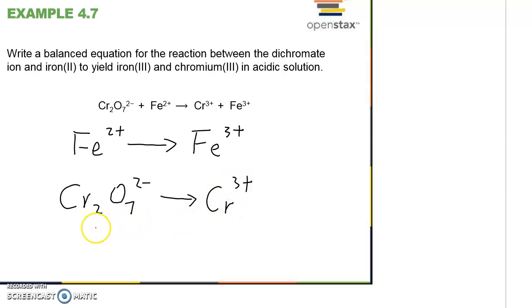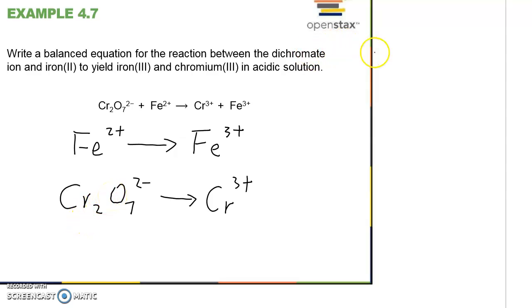And by the way, what is the oxidation number for the chromium on the left side? The whole thing is going to carry a 2 minus charge. Oxygen is 2 minus for each, so now we have negative 14, and therefore the two chromiums together will be positive 12. So each of the chromium will be positive 6.